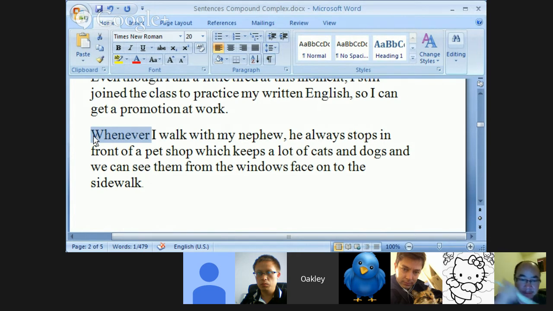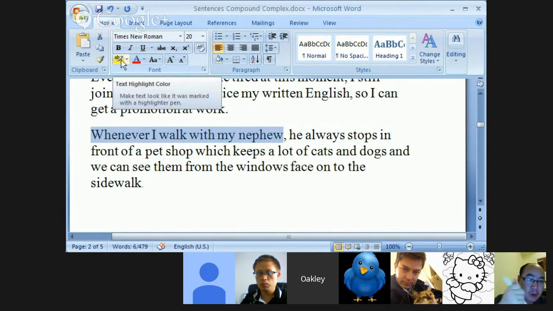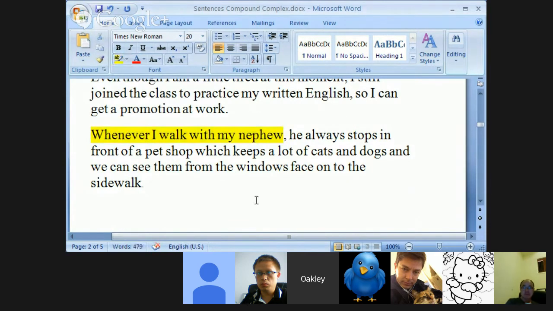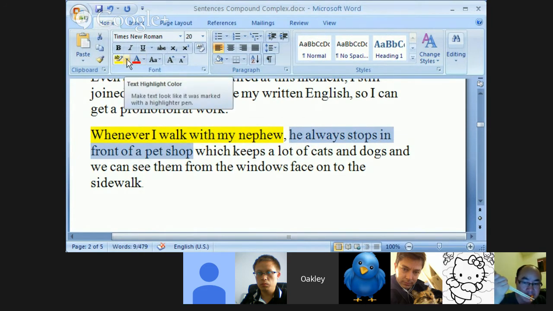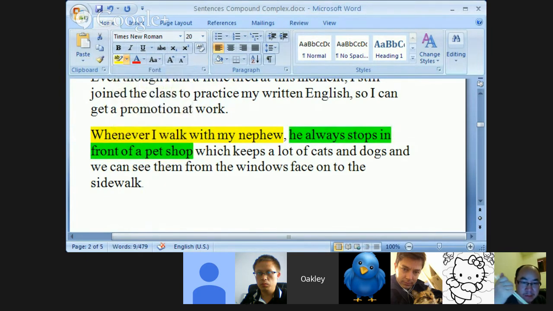Okay, well, wait a second. We've got a lot going on here. I'm going to highlight this dependent clause in yellow. And then my independent clause, I guess I'll make it green. He always stops in front of a pet shop. That's an independent clause, right?